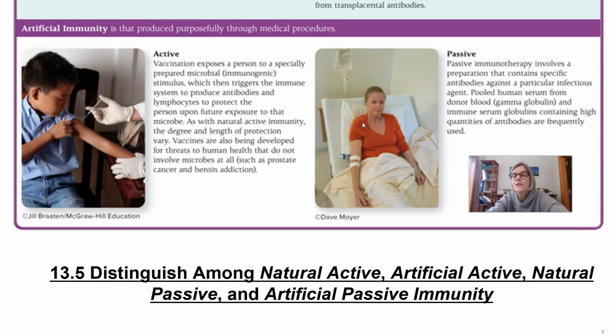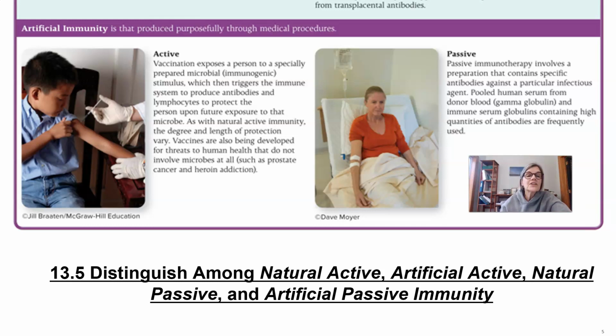This happened with COVID when, before we had a vaccine, we were able to get people that were sick with COVID and people that had recovered from it. They isolate antibodies from people that had recently recovered and they put them in people that are sick. So those antibodies can fight off the pathogens.